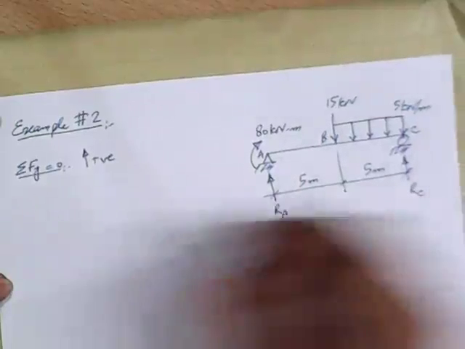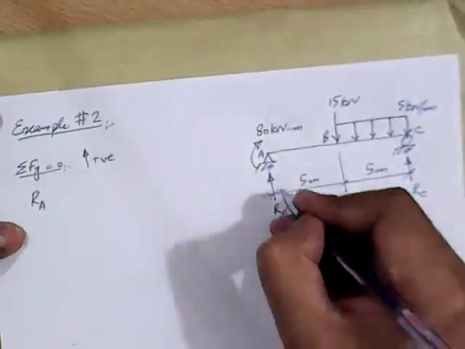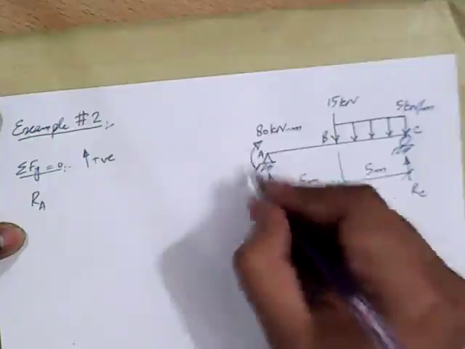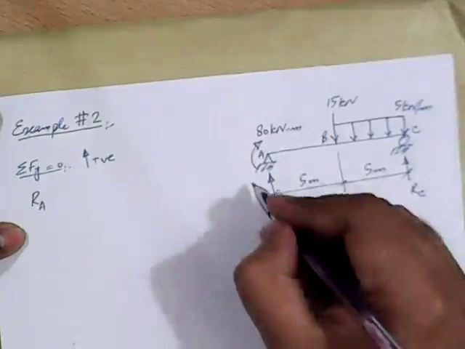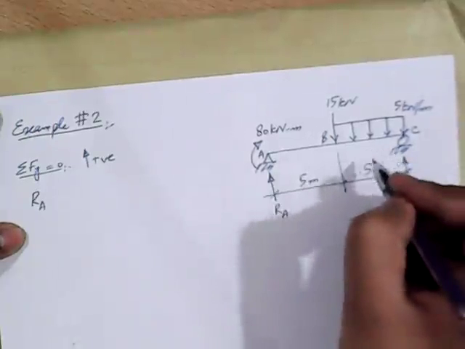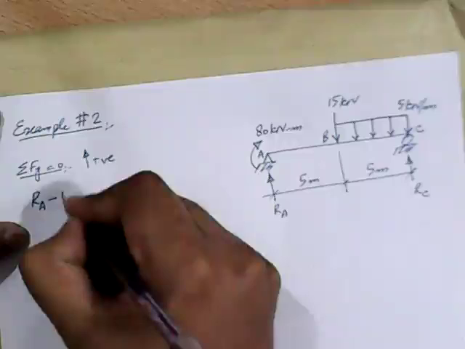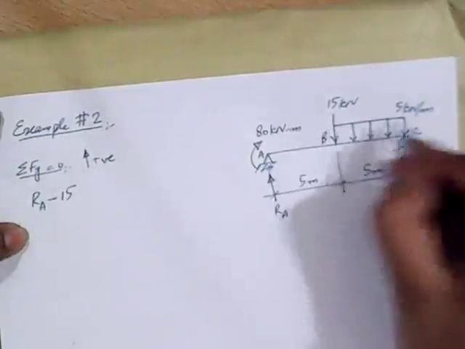So if we start from this side, RA is the force acting in the upward direction. We are applying sigma Fy equal to 0, so this moment will not be included in this equation. Next, if we move in the rightward direction, we have this 15 kilonewton force acting in the downward direction, so minus 15, and there's this UDL.